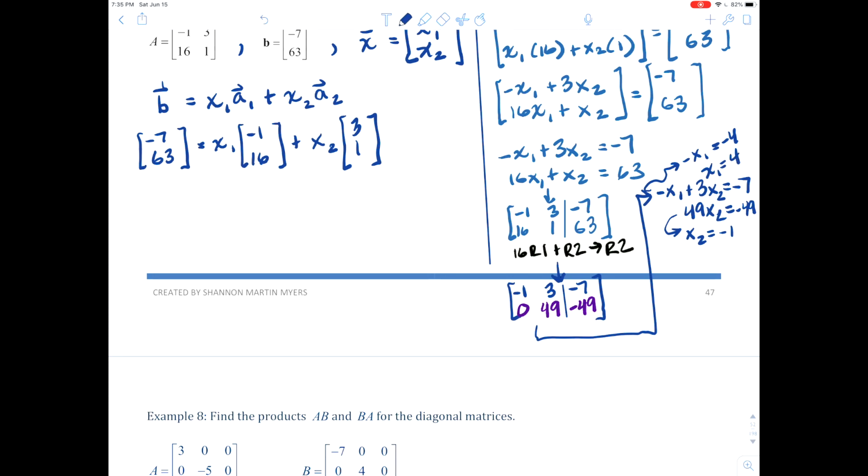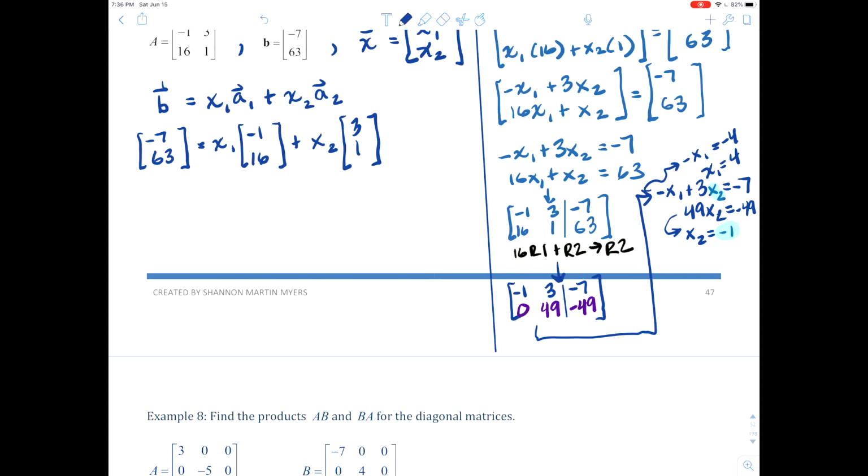Cool, cool? All right. And then just to show you, I plugged in negative 1 for x2 there to solve for x1. So let's check it out. Here, we can put this back.